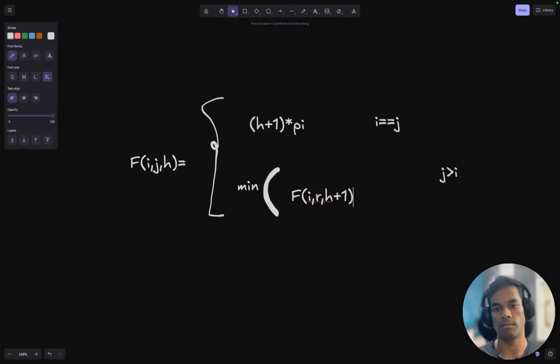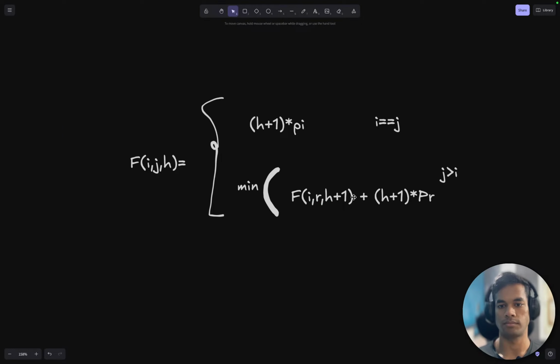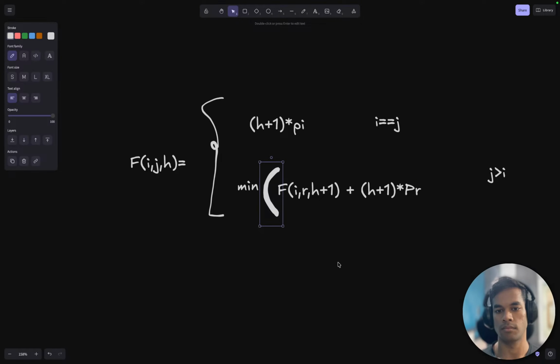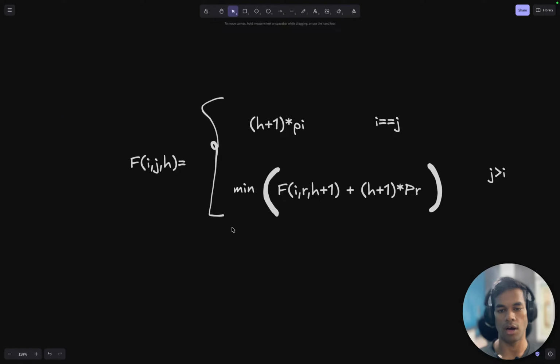First of all, it will get the expected cost from the subtree plus the expected cost for choosing this current node, which would be (h plus 1) times pr.